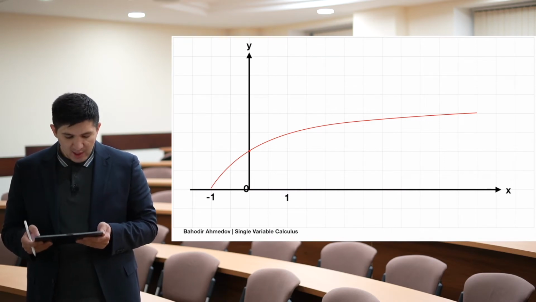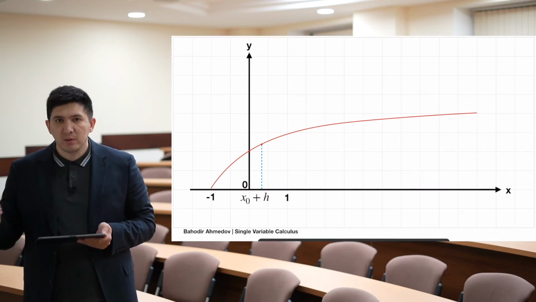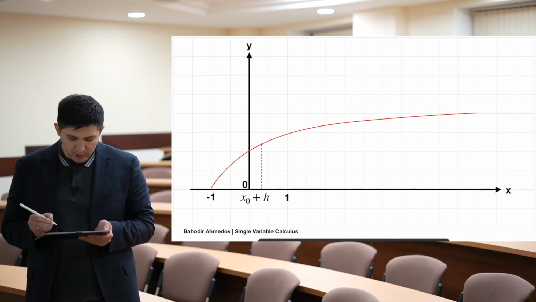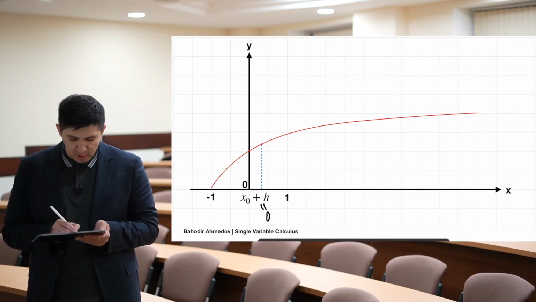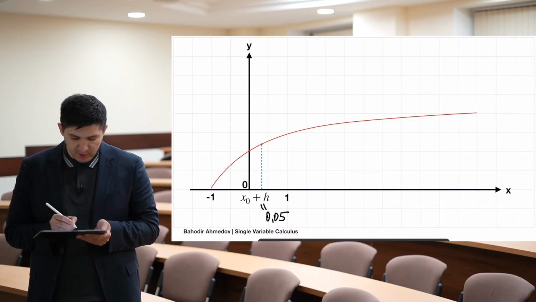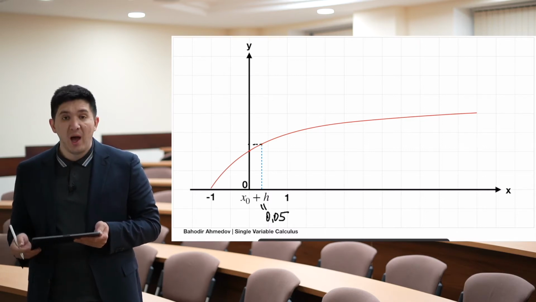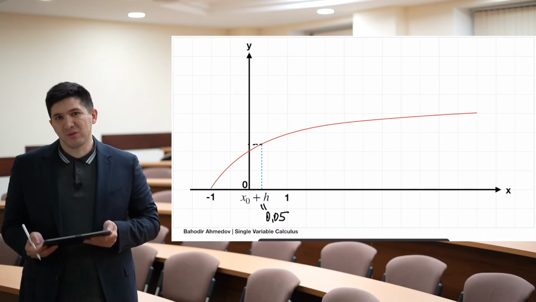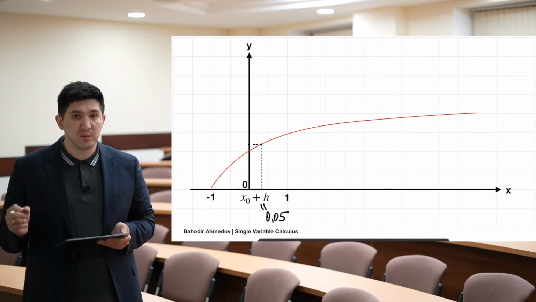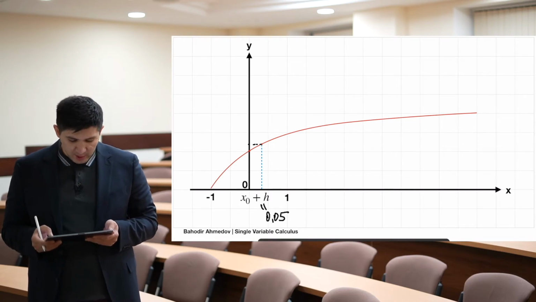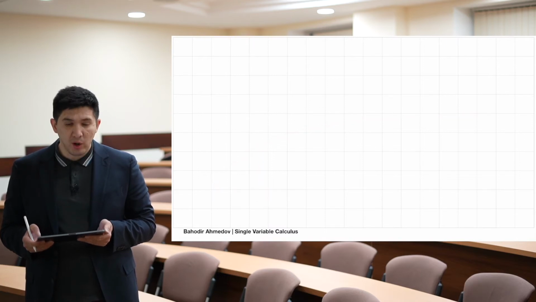Now, let's say I would like to evaluate this at some point very close to 0. So at the point x0 plus h, which in our case is 0.005. What we need to know is the height of this curve at this point, and it's difficult for us to do this manually. So we would like to approximate this. The idea would be to sketch the tangent line at the point x0.